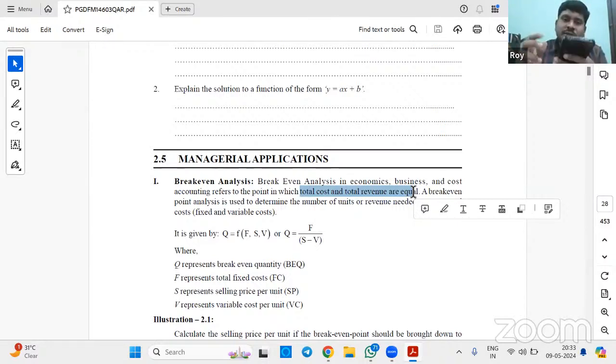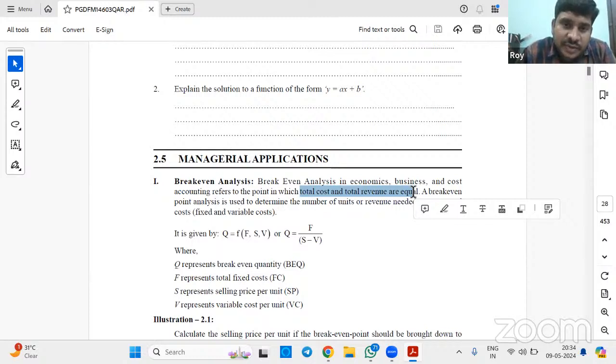Let us say this is a 26,000 rupees mobile, and the cost for the company maybe some 10,000 rupees, right? And the 16,000, with all the tax and other things, let us consider it as profit. What is the break-even point? Let us say I produce some 100 mobiles and I sold some 50 mobiles.